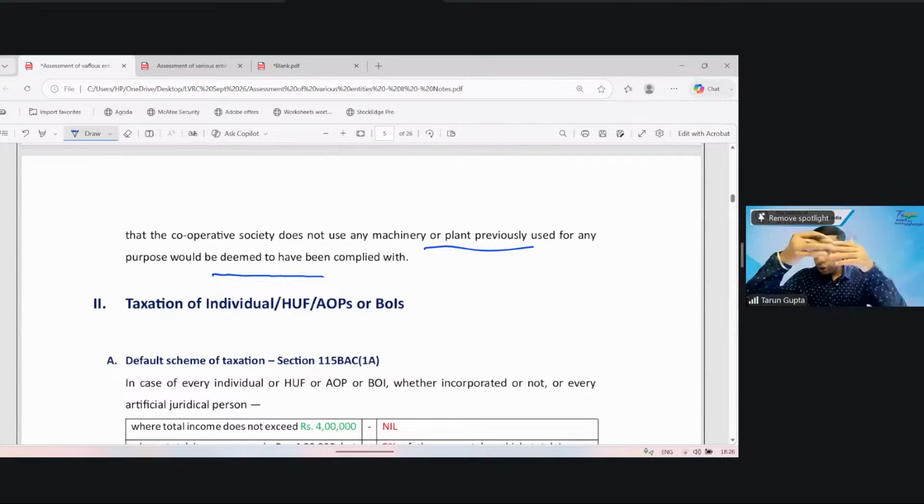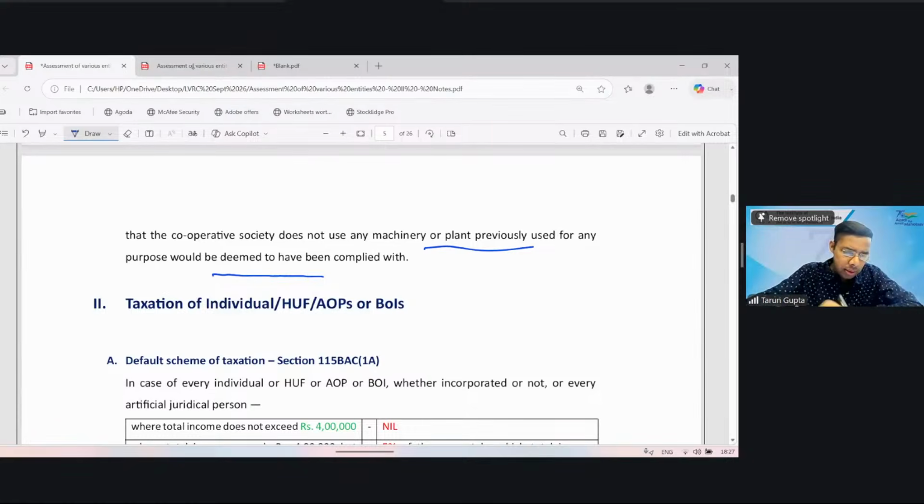So this was all in respect of cooperative societies. We discussed the old tax regime. We discussed the new concessional tax regime: one, the benefit given to new cooperative societies engaged in manufacturing, production of an article or thing, or generation of electricity, with concessional tax of 15%. And secondly, the new regime under section 115BAD, where the tax rate is concessional, which is 22%.